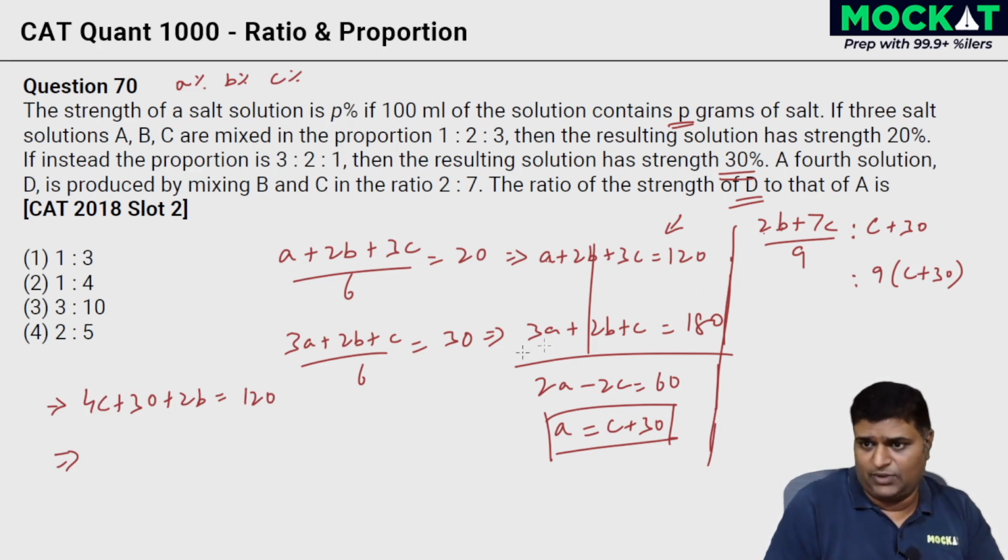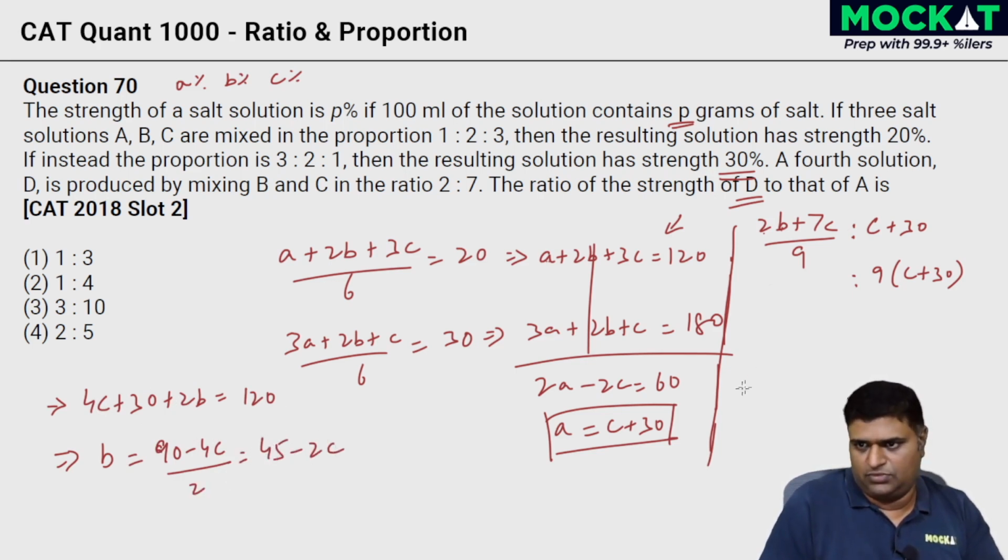And I need to write B in terms of C. So B equals, take the 30 there, becomes a 90. 90 minus 4C divided by 2, which is 45 minus 2C. Now this B equals 45 minus 2C can be substituted over here. 2 times 45 minus 2C is 90 minus 4C plus a 7C.